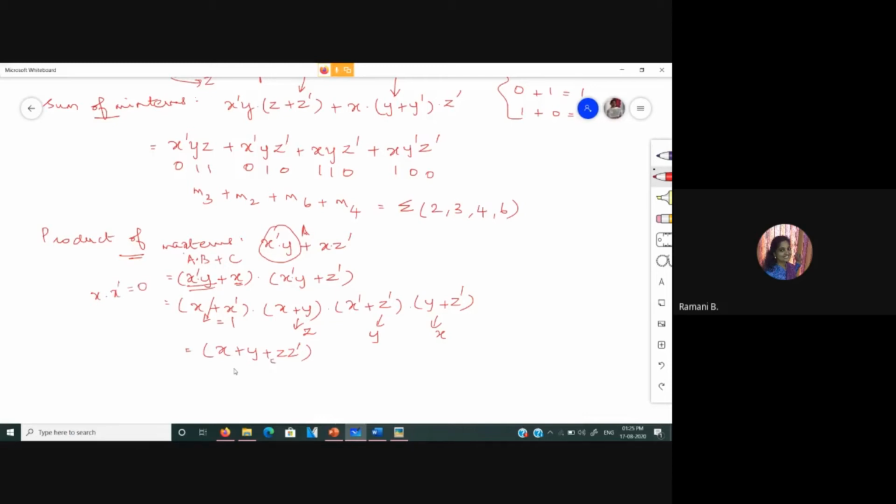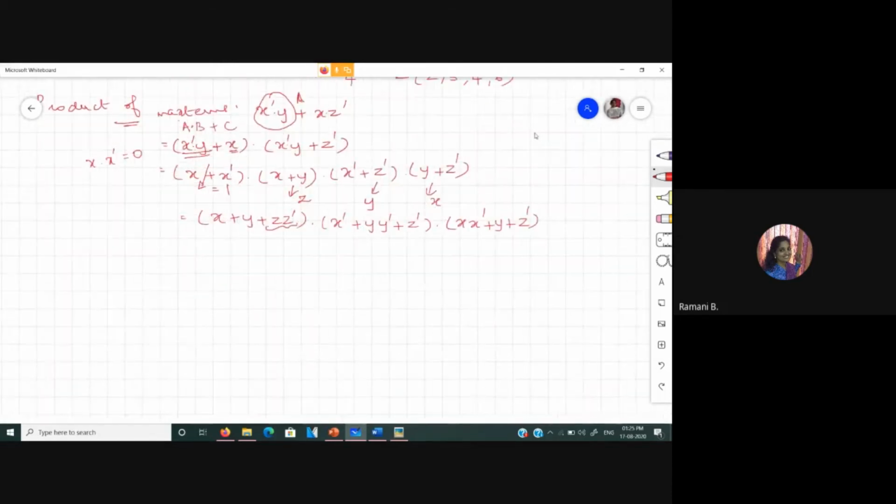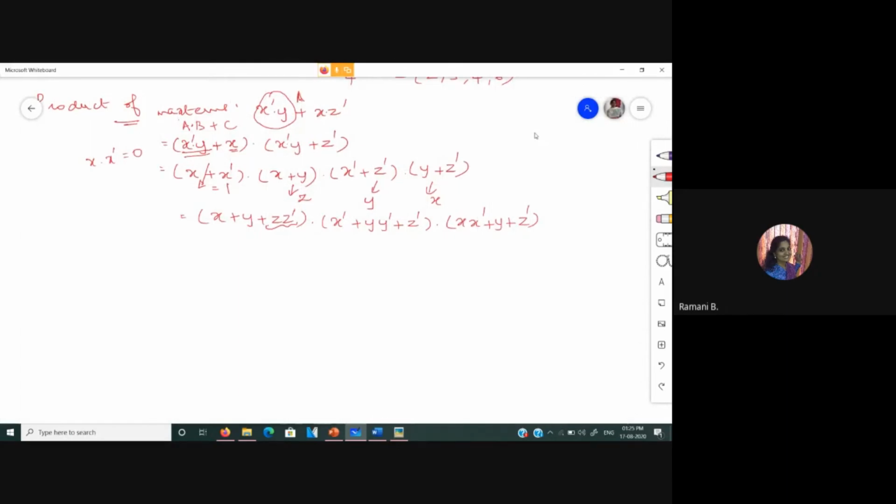As it is ORing of terms, the meaning doesn't change. So I am having it as the AND operation of the corresponding variable and its complement. And this will be x bar plus y bar plus z bar, and this is x bar plus y plus z bar. Now again applying distributive law, you will have x plus y plus z dot x plus y plus z bar.